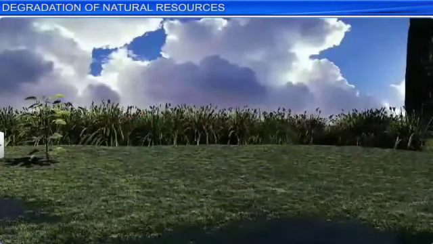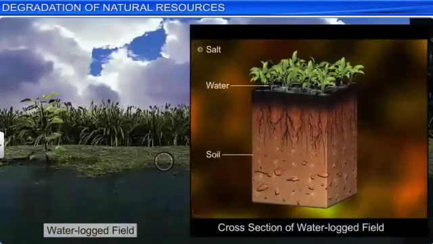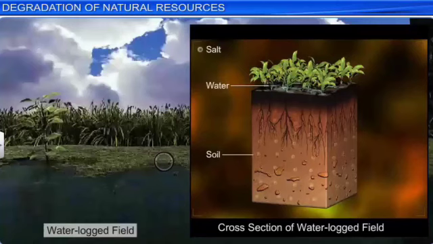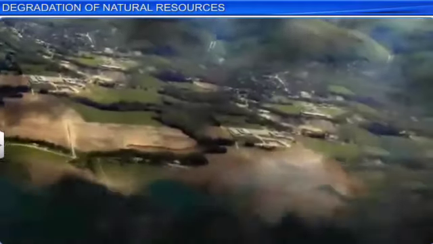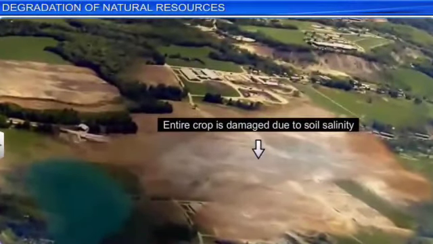In such waterlogged land, salts are pulled up to the surface of the soil. Soon the salts start accumulating around the roots or form a thin layer on the surface. Large amounts of salt in the soil are detrimental to plant growth. Sometimes an entire crop is damaged due to soil salinity.